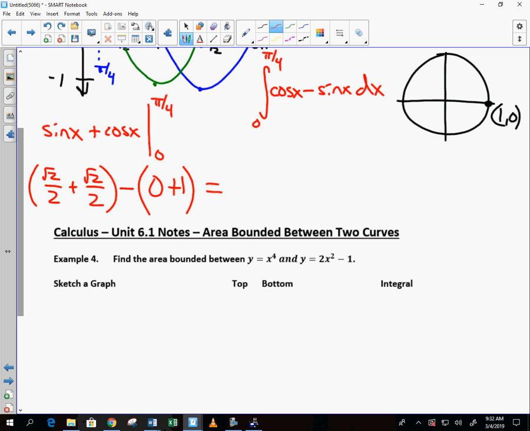I used to think that they didn't allow sharp objects in the classroom to protect the kids from the teacher. They do protect the teachers from themselves. I'd be gouging my eye out right now. Square root of 2 over 2 plus square root of 2 over 2 is not 1. Oh no!